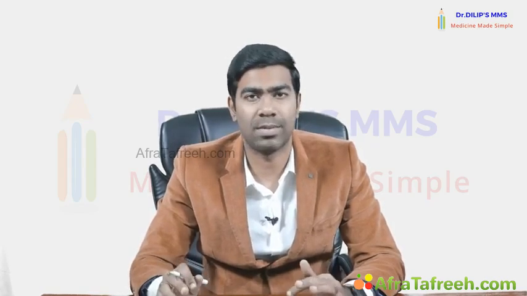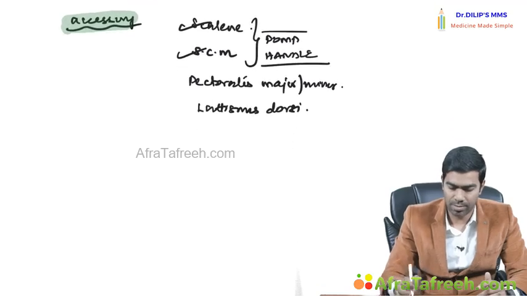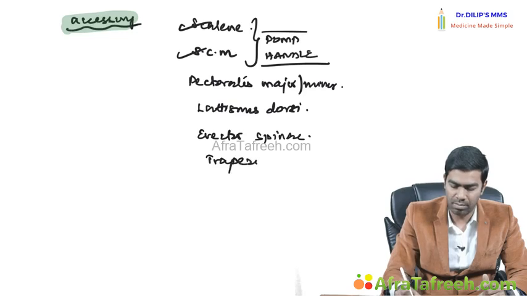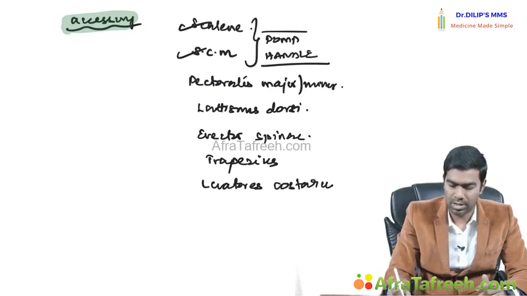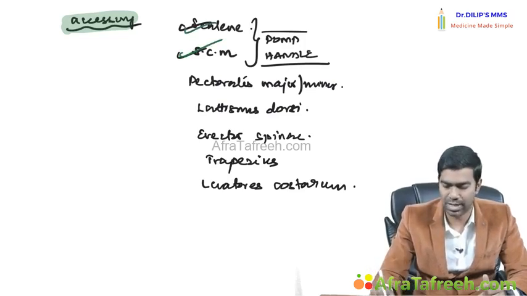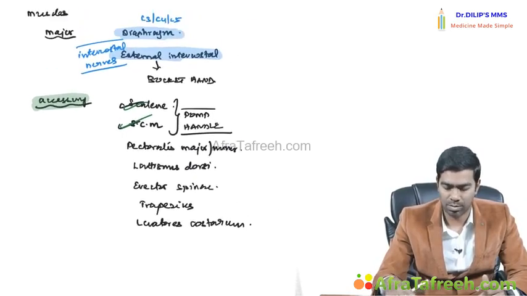One of the important accessory muscles that elevate the lower ribs is your lat, the latissimus dorsi, assisted to an extent by erector spinae, trapezius, and levator costarum. So these are some of the accessory muscles that you have to know, but I feel the most important must be the first two, the scalene and the sternocleidomastoid muscle.